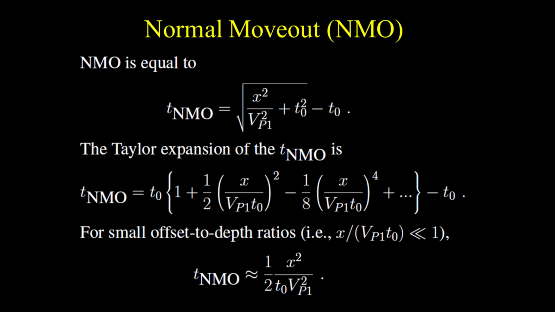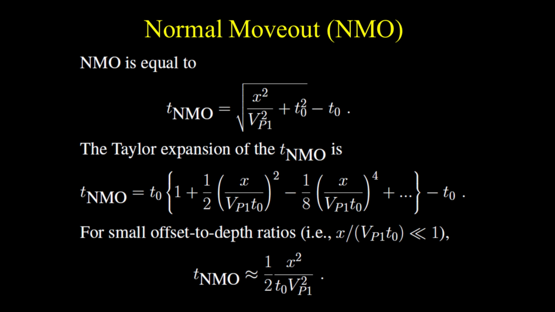We can note that it is a function of the offset, the velocity, and the reflector depth h, since h equals v_P1 times T0 over 2. Also, if we know T0, the NMO depends on velocity only. This is another important result.